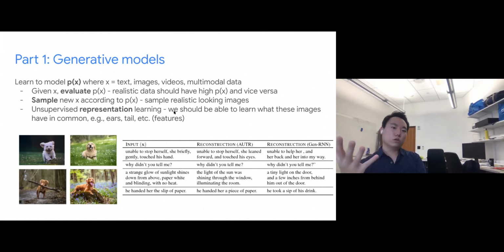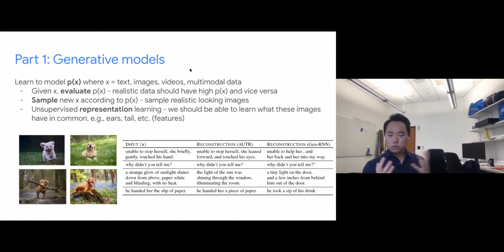So what does it mean to model? There's a couple of things that people usually look at when they're trying to both learn and evaluate these generative models. One thing is that if you learn P of X, and you're given a new X, you should be able to evaluate P of X. So realistic looking data, such as realistic images, should correspond to high P of X values.